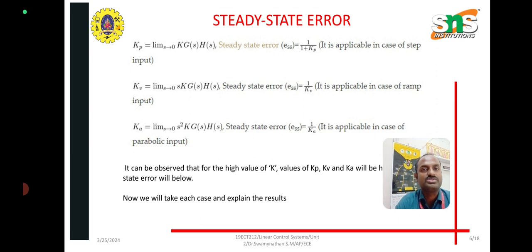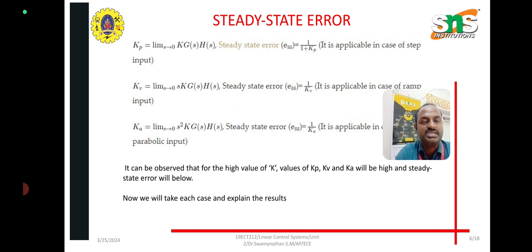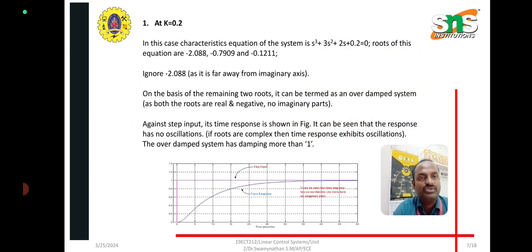That is very important. Kp is the position error constant, Kv the velocity error constant, and Ka the acceleration error constant. The steady state errors are defined as 1 divided by 1 plus Kp, 1 divided by Kv, and 1 divided by Ka. The values of Kp, Kv, Ka and the steady state errors are shown in the figure. Now we will explain the result.